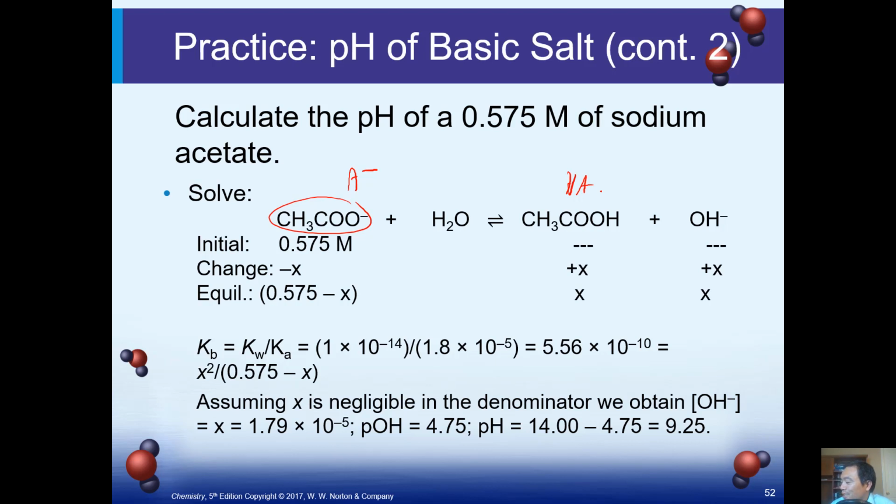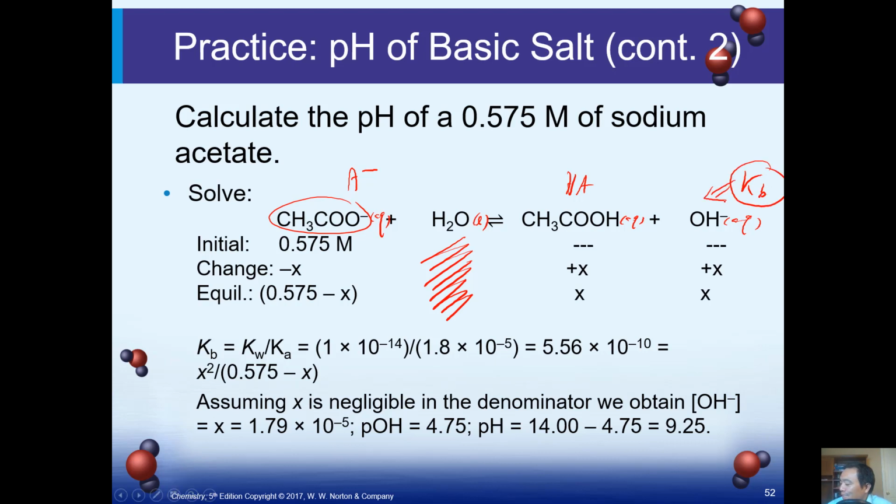So you build the ICE table, as you see over here. You do not include H2O, which is in liquid phase. Everything else is aqueous solution. So you build the ICE table exactly the same way, and you need to use Kb because this whole thing is serving as a base.